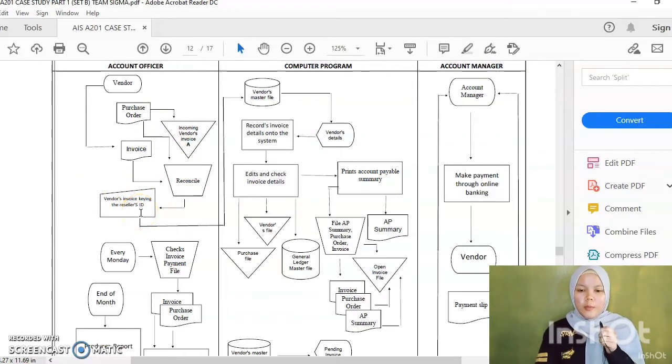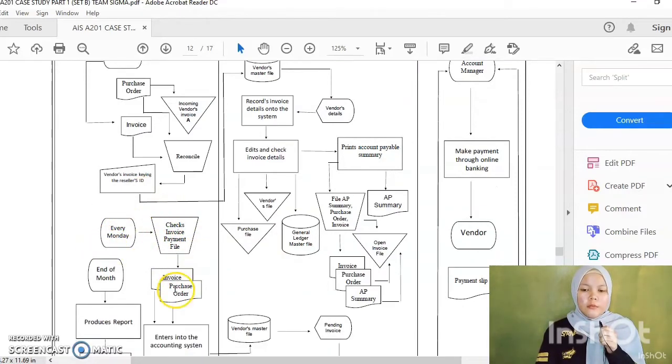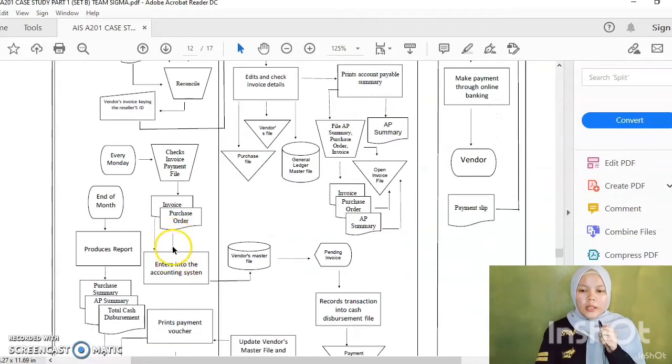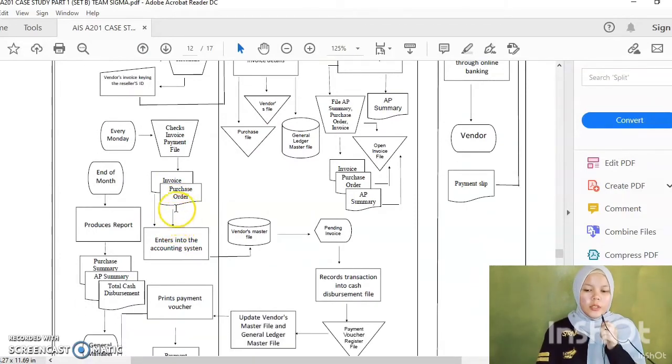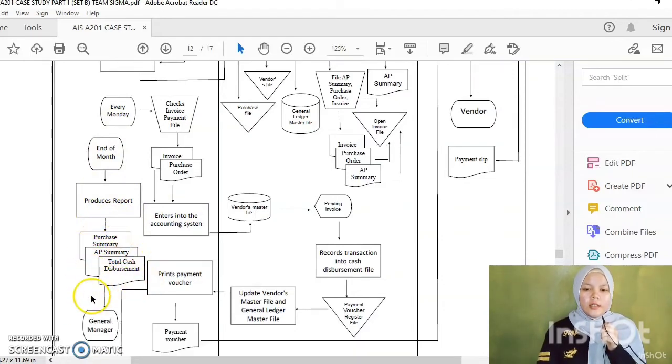And then every Monday, the account officer will check the invoice payment file, such as invoice and purchase order, and then enter the invoice and purchase order into the account system in the vendor's master file. Then at the end of the month, he will produce a report such as purchase summary, account payable summary, and total cash disbursement, and give it to the general manager.